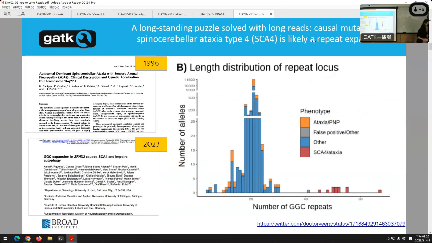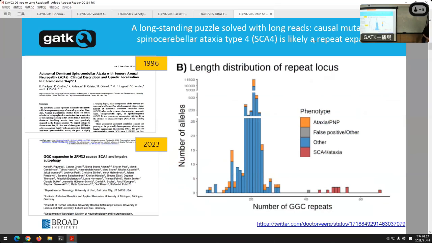It was localized to a region on chromosome 16 called 16q22.1, but they were not able to find the exact causal mutation. They could just tell that it was in this particular region of chromosome 16. And that's all we could really tell for 25 years.